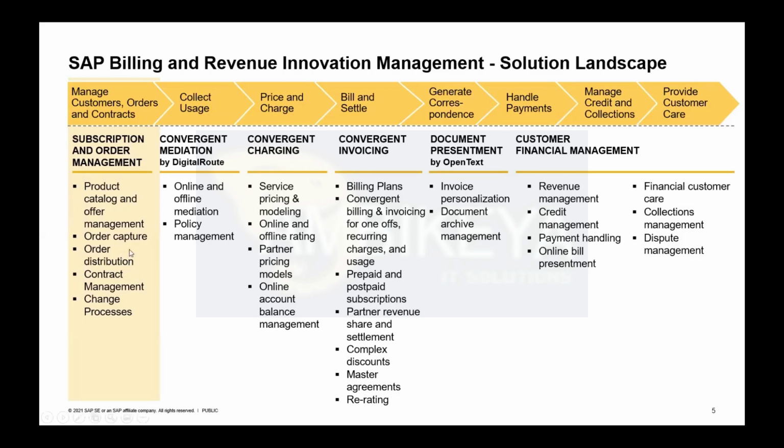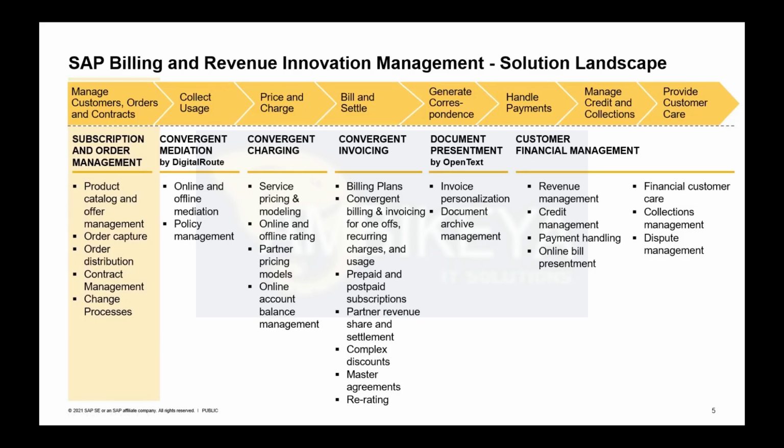And we then distribute this subscription contract into the whole landscape in order to have the service usage, and in order to have this subscription contract ready for usage rating and pricing. So this is a starting point, and the life cycle of the subscription contract is the main process that we have to follow.